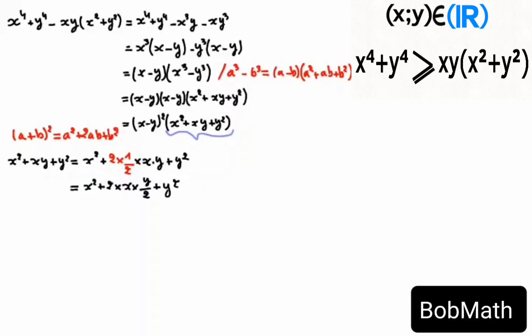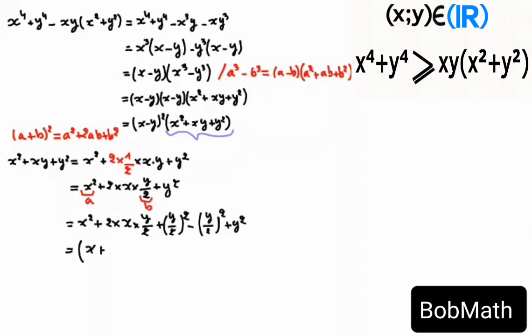Now we have a representing the number x and b representing the number y divided by 2. So x square plus 2 times x times y divided by 2 plus (y divided by 2) all square minus (y divided by 2) all square plus y square equals (x plus y divided by 2) all square minus y square divided by 4 plus y square.